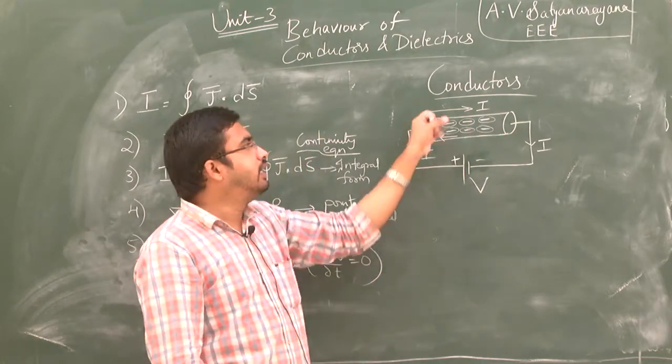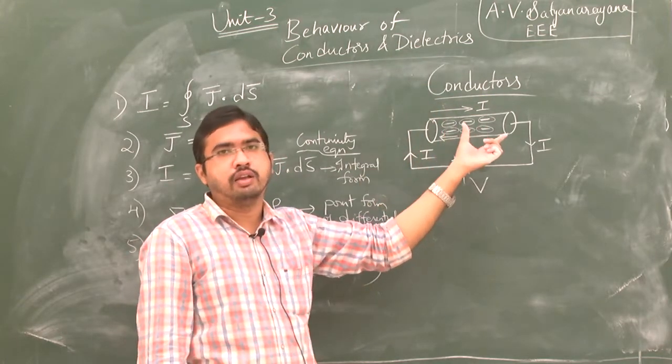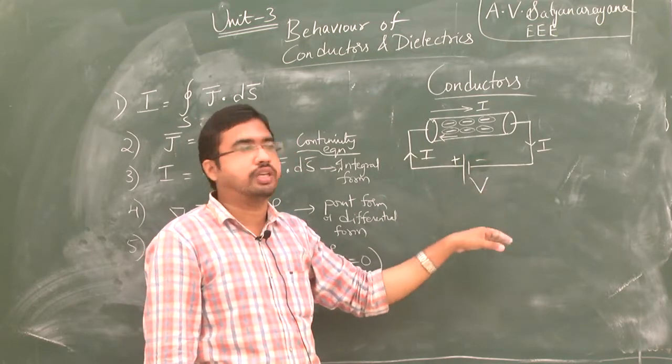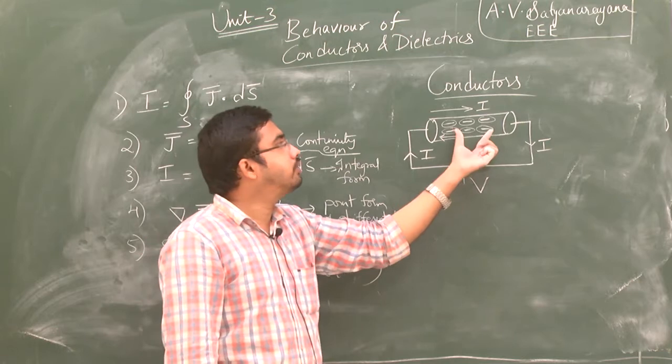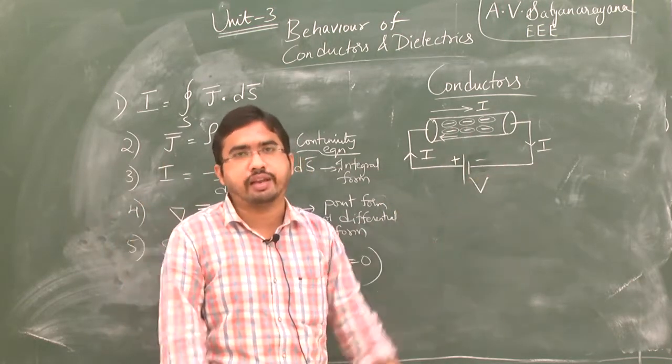That means in different spaces, in different places they will be spaced. On the application of this electric voltage or potential to this conductor, these free electrons will start moving in different directions.